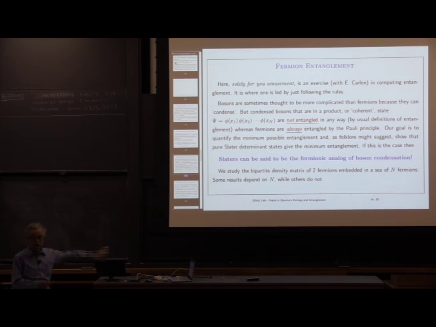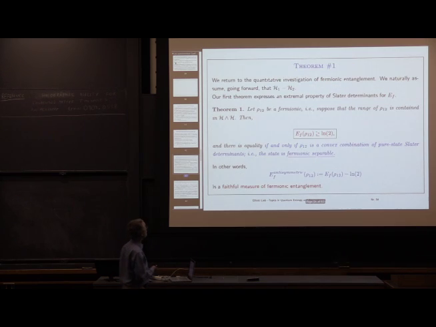So this is just a fun exercise to close the lectures. Now we're going to study the bipartite density matrix of two fermions embedded in a sea of n fermions. We'll just pick two of them and ask how entangled are they. Some of the results depend on n, the number of fermions, and some do not, and we'll see what they are. So here's the first theorem.